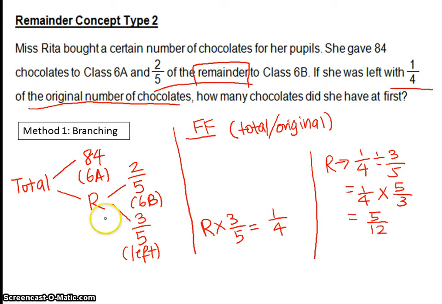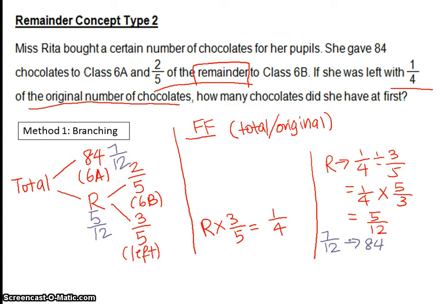As mentioned just now, 5 out of 12 of the total is the remainder. That gives us 7 out of 12 of the total is 84. So let me write down over here, 7 out of 12 of the total is 84. If I want to find 1 out of 12, it will be 84 divided by 7.